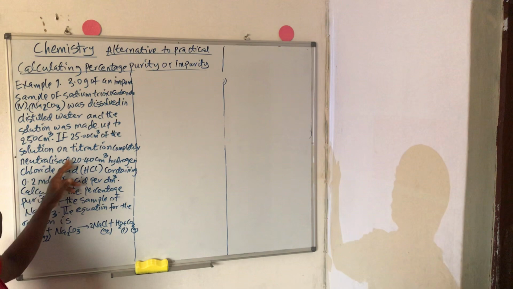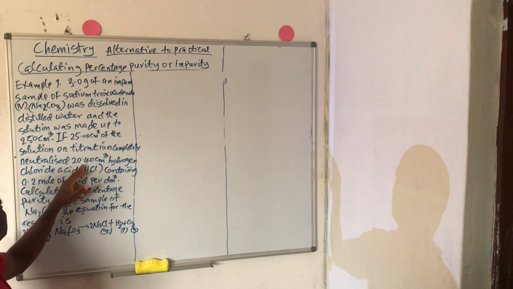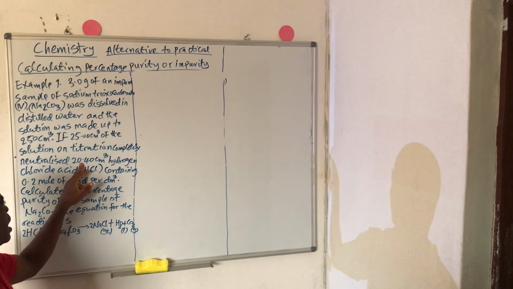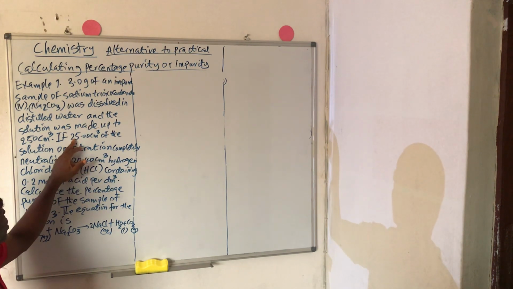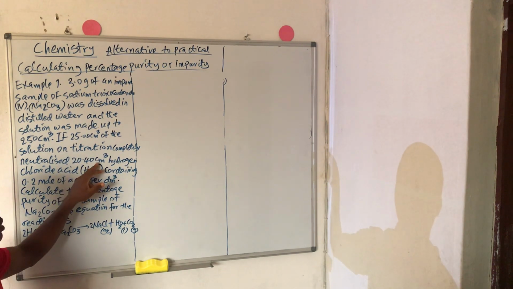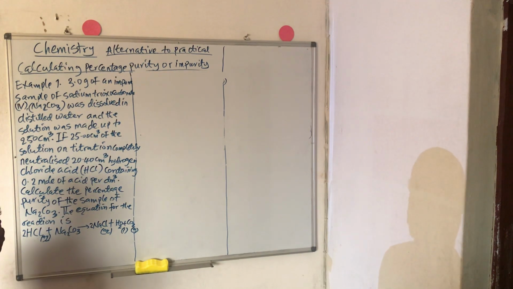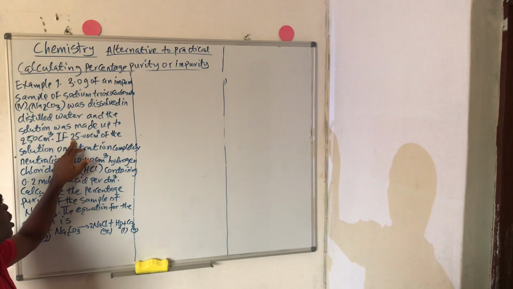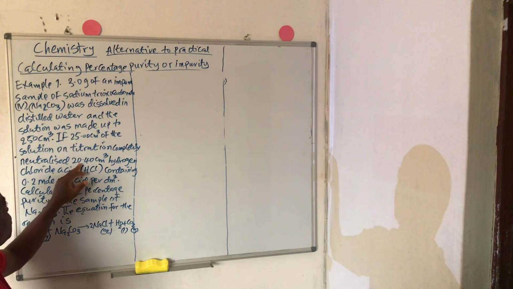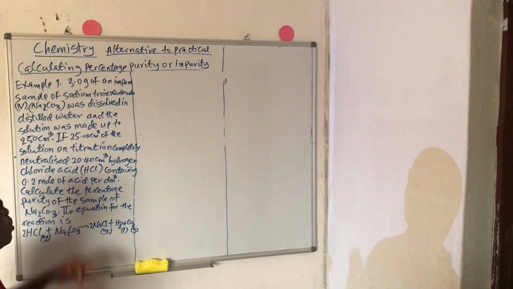And after all the titration, it was neutralized by this volume of acid. The volume of the acid that neutralized the 25 cm3 of the base was 20.40 cm3. So which means that our VB is 25 and our VA is 20.40.